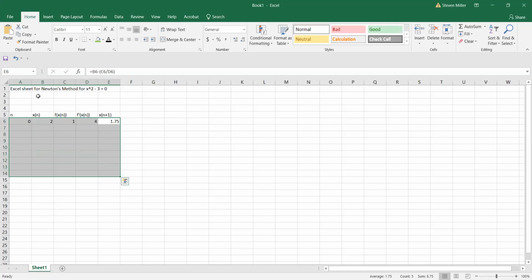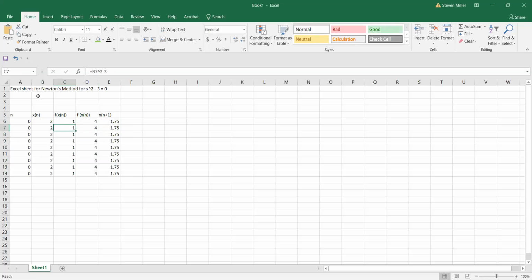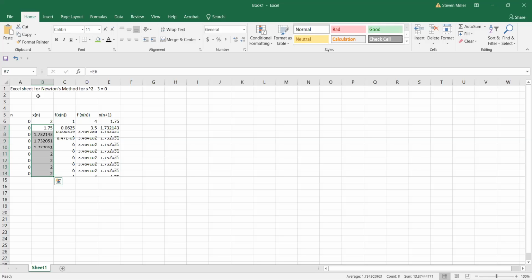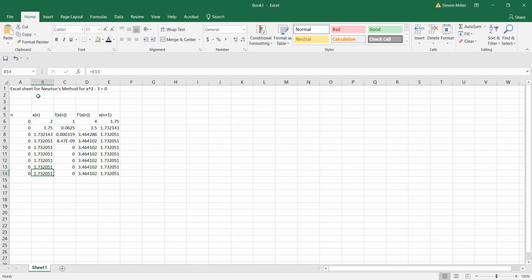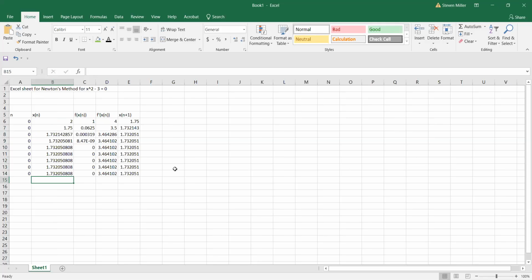And now if we just fill down with Control D, all I need to do is change this cell over here to equal the cell over here. And now if I fill down like that, it will fix things up, and you can see how quickly it's going to converge. And so this is one way to do the problem.